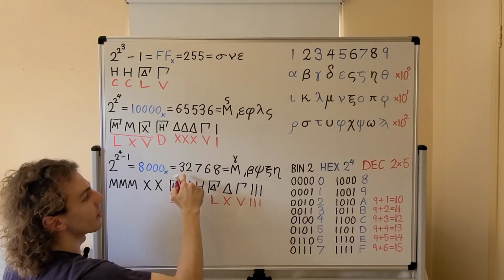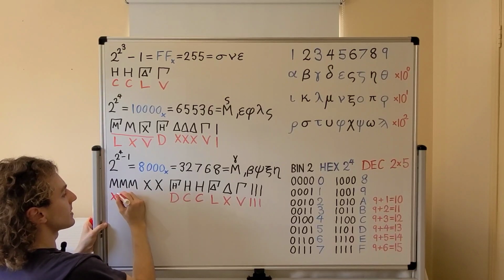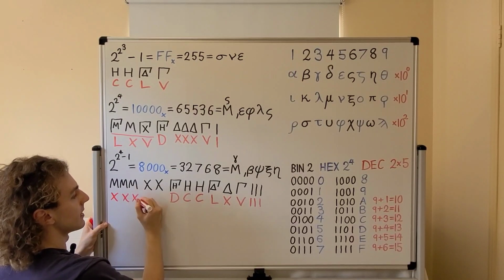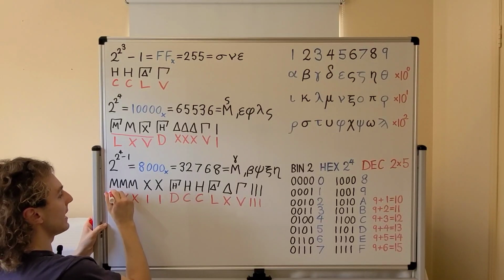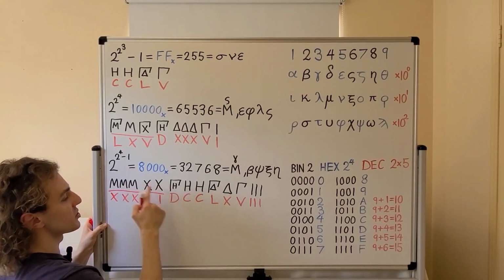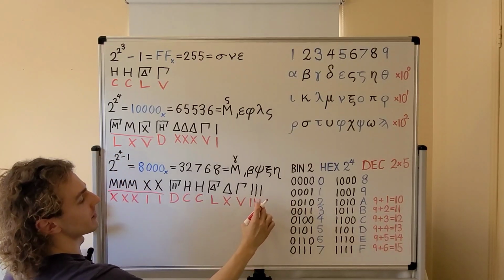We can think of that as 32,000. So we can write this as X, X, X, and then I. So this is 32, and then we put a bar above, and that allows us to multiply by 1,000. So that is the Roman numeral version.